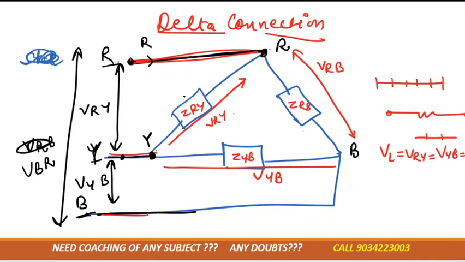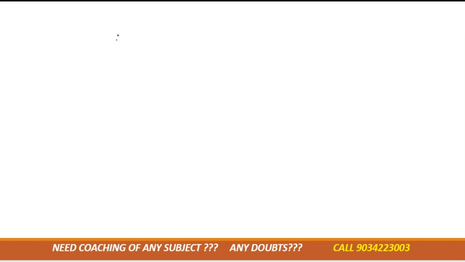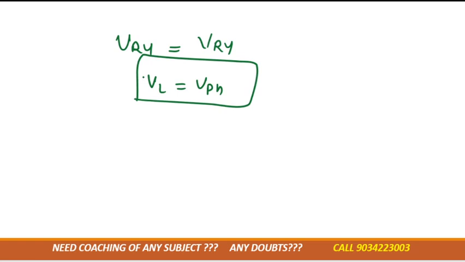So in this case, line voltage and phase voltage are equal. We can consider that VRY for the line voltage is equal to VRY for the phase voltage. So VL is equal to VPH. We can conclude that VL is equal to VPH.